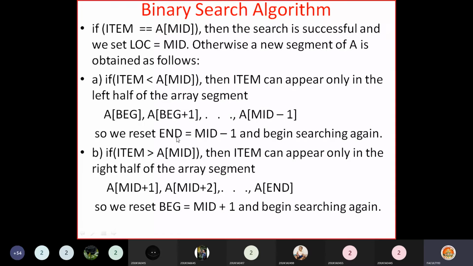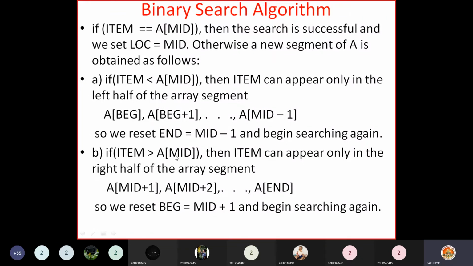So the end position of the array segment will be mid minus 1. Yes or no? So the variable end will be calculated using this mid minus 1, and we start again searching only in the left half of the array. This is the first case.